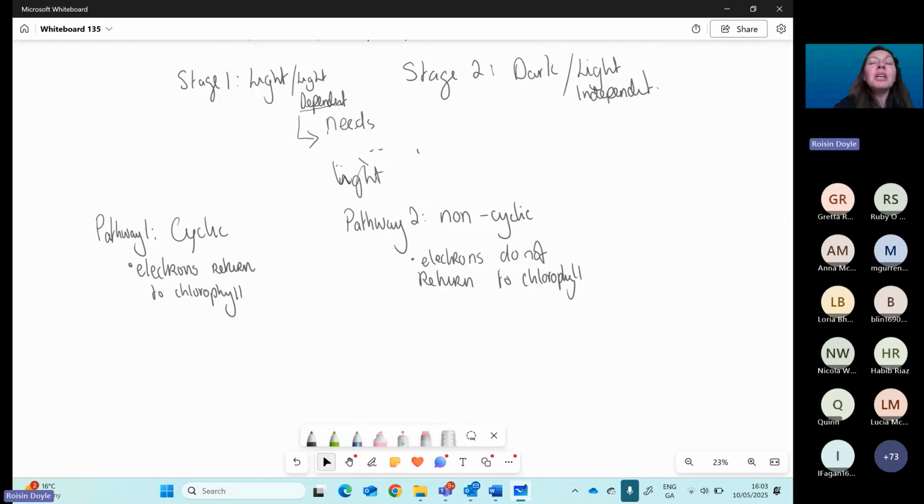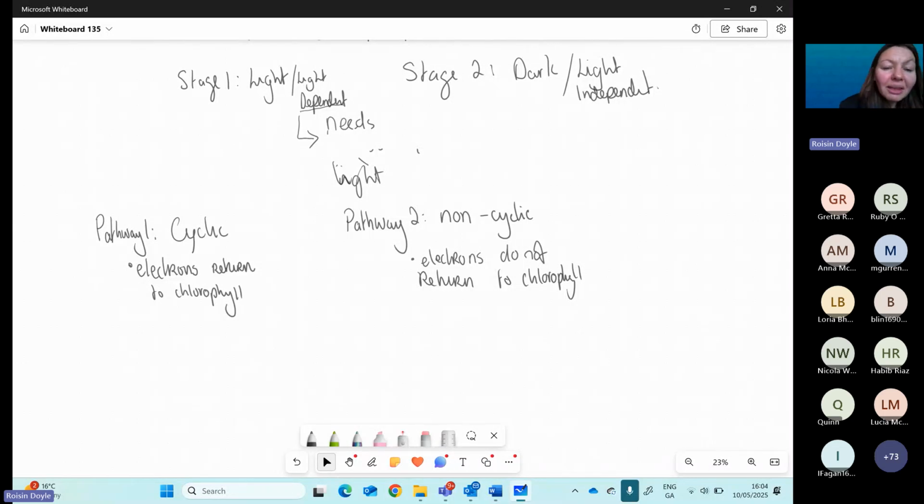So for example, some of you might write these 2 statements down and you might get 6 out of the 9 marks straight away before you even write down anything else. Give me one other piece of information and you've got full marks for describing the light stage, believe it or not. So what happens in pathway 1?